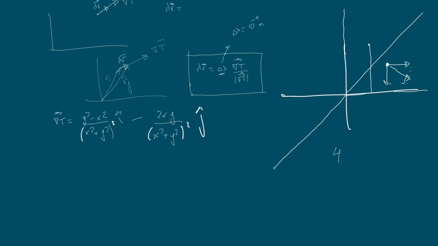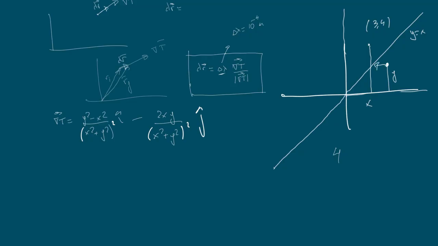In this region, for a point below the line y equals x, the x is bigger than the y, so the x component of the gradient will be negative and will go in this direction.